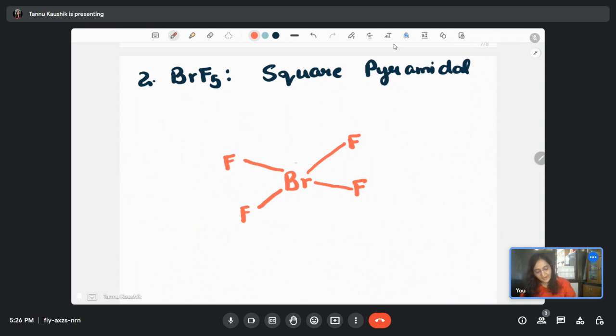These 4 fluorines are in the plane of the board, and this one fluorine is perpendicular to the plane of the board.